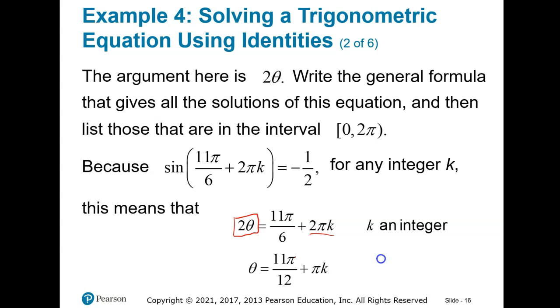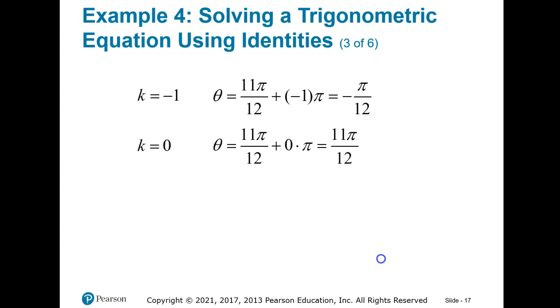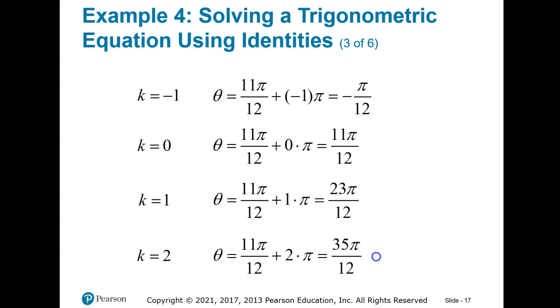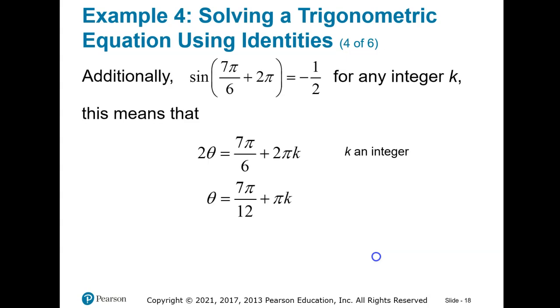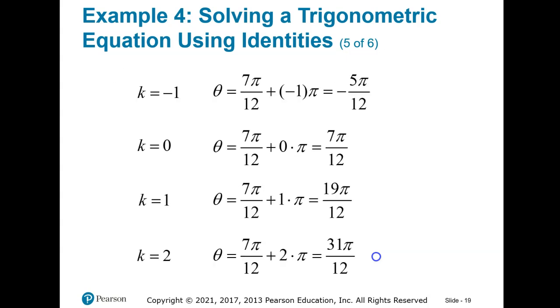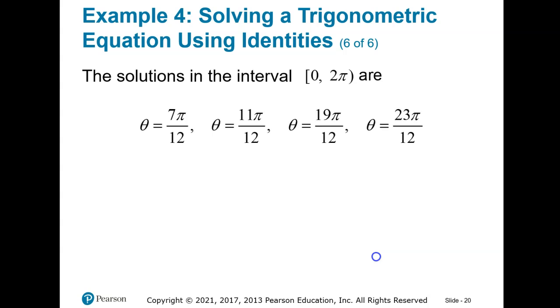And that means I can add pi or subtract pi as many times as I want to. Right, we just want to make sure that we don't go over 2 pi. Because 7 pi over 6 also works, we would do the exact same thing for 7 pi over 6. And then we find from all this list of possibilities, what are the ones that are in the 0 to 2 pi range. So there's the 4 that ended up being in there.